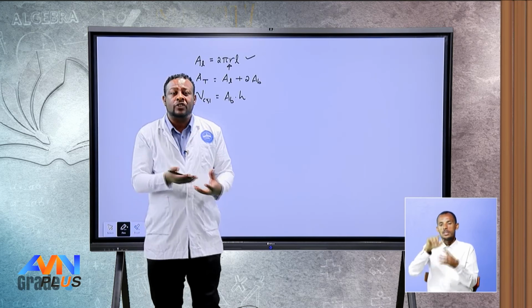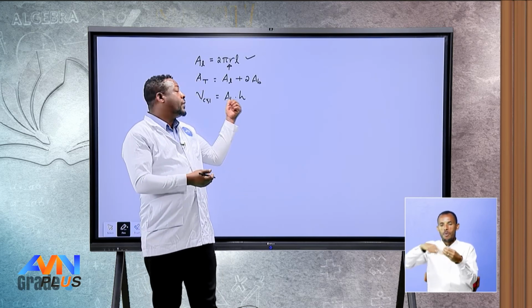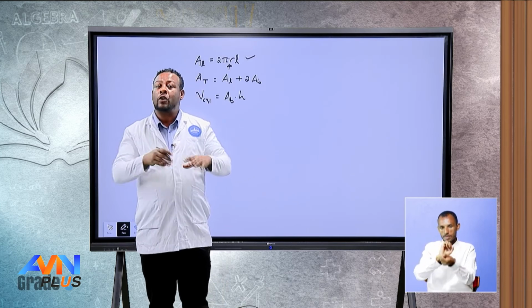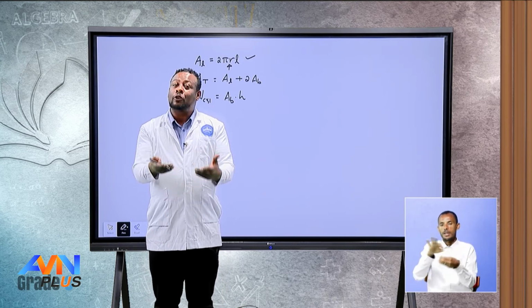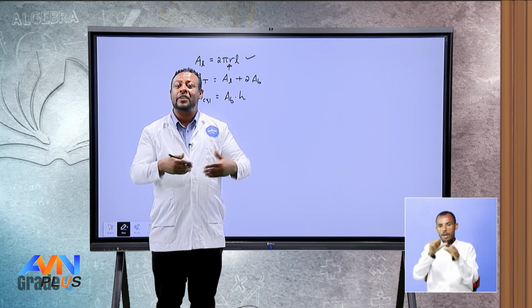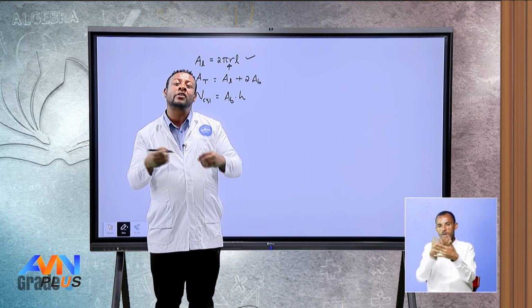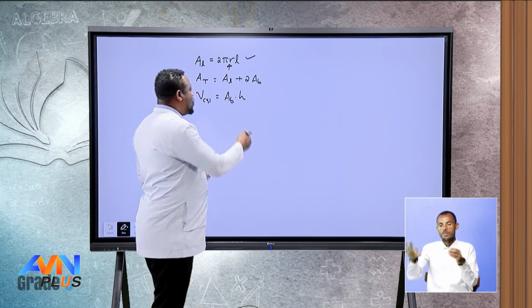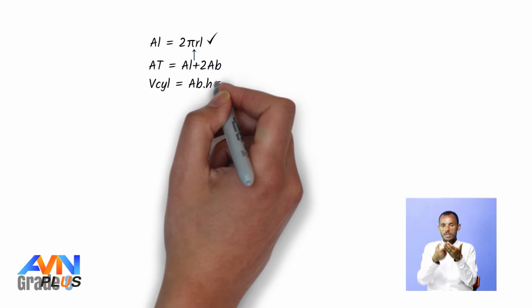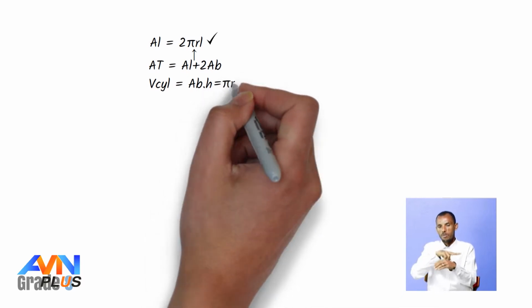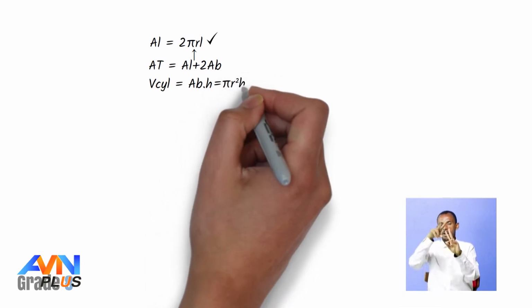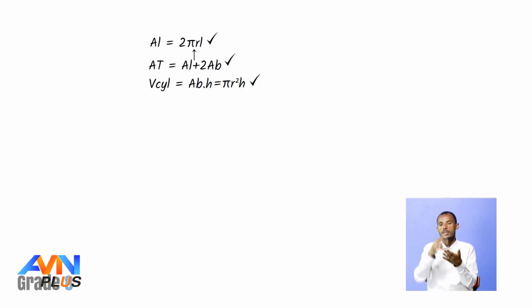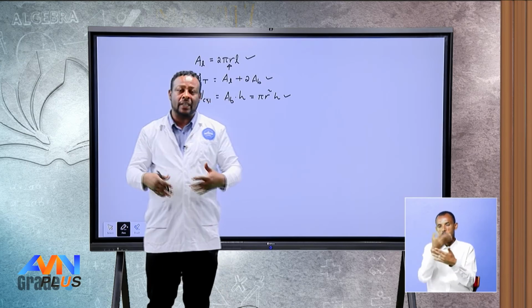Since the base is circular, in place of the area of the base you can substitute the area of a circle. As you all know, the area of a circle is given by the formula pi r square, where r is the radius of the circle. So the volume of a cylinder is given by pi r square times h. These three are the formulas that we have seen in our previous lesson.